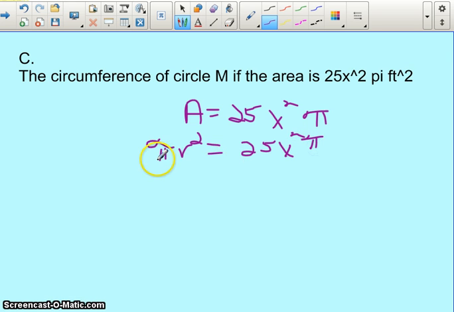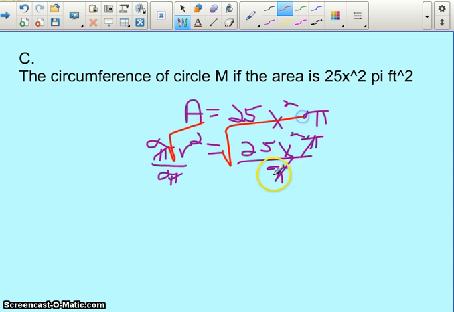So the first thing I need to do is divide by pi to get rid of it, and notice that's going to cancel out on the other side. So they're gone. Then I need to take the square root to get rid of the squared. So the square root of 25 would be 5. Square root of x squared would just be x, so 5x is equal to my radius.